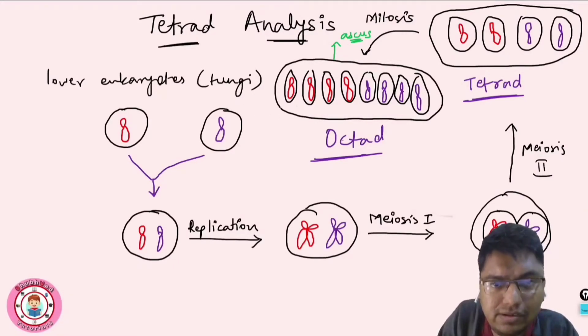All these things inside are known as spores. If the ascus is broken, the spores are released.